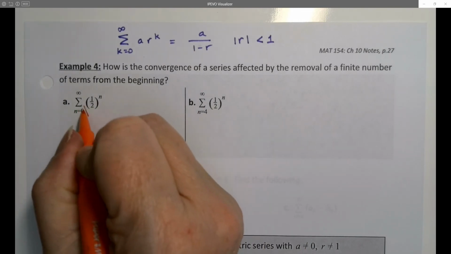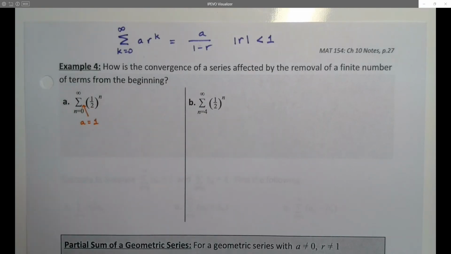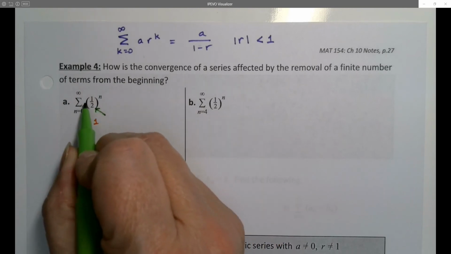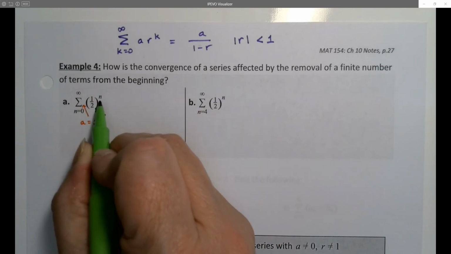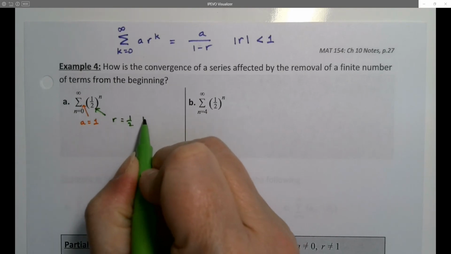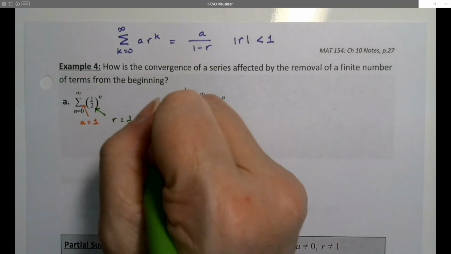So there's an a in there, and it's 1, because we don't see a number in there. If it was 0, then there wouldn't be anything, because 0 times anything is 0. So it has to be 1, because 1 times a half times a half times a half will work out. And then r is a half. You'll notice that the absolute value of r is less than 1, which is great. It means it converges.